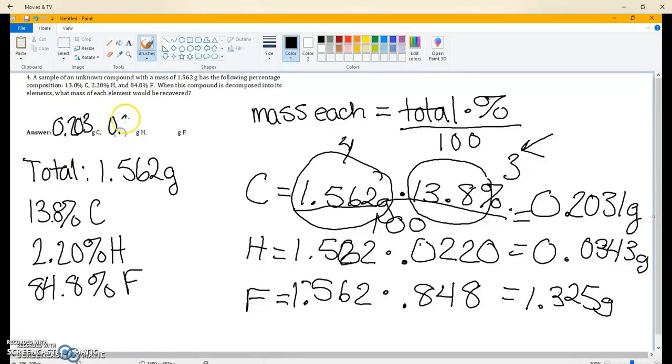I have 0.0343 grams of hydrogen, and I have 1.33 grams of fluorine. Okay? So as you're looking at these, make sure you can go by mass or by percent abundance, and make sure that you can go either way. Okay?